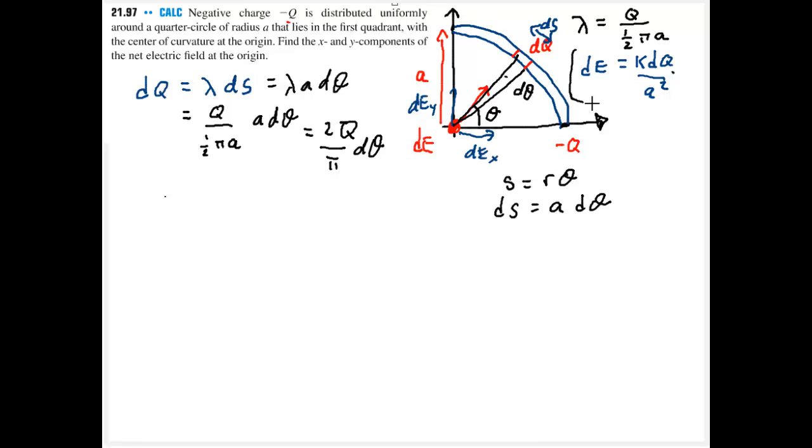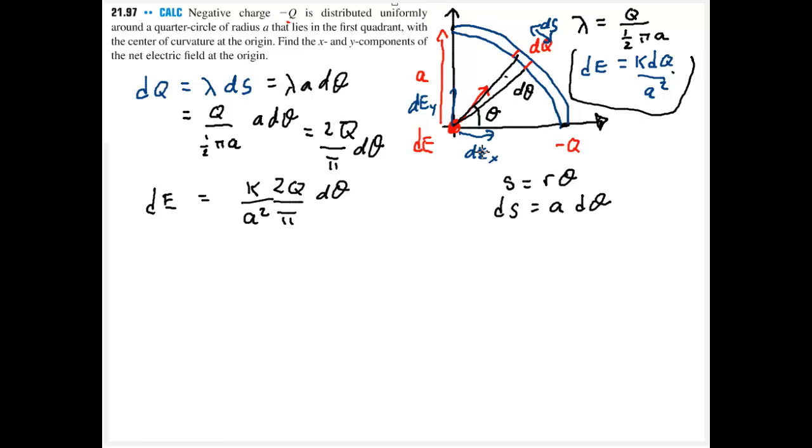And so finally I can go back to this expression right there and say that this tiny little amount dE is going to be equal to k times 2q divided by pi d theta, and don't forget my a squared.